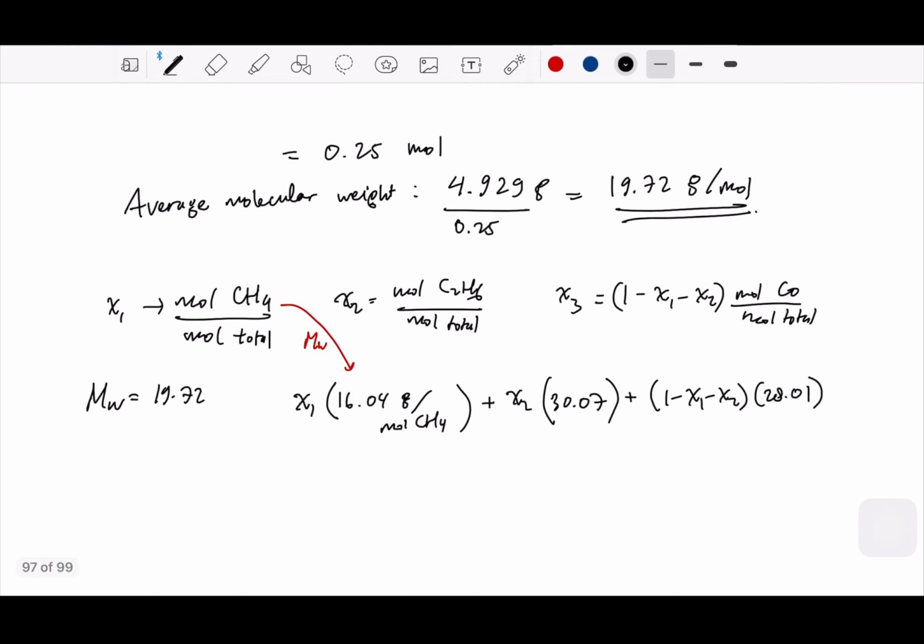Now the total needs to be equal to the molecular weight. So the molecular weight, the composition, we have each fraction from methane, ethane, and carbon monoxide. Now the higher heating value, we have 963.7 kilojoules per mole. So this should be equal to fraction 1.